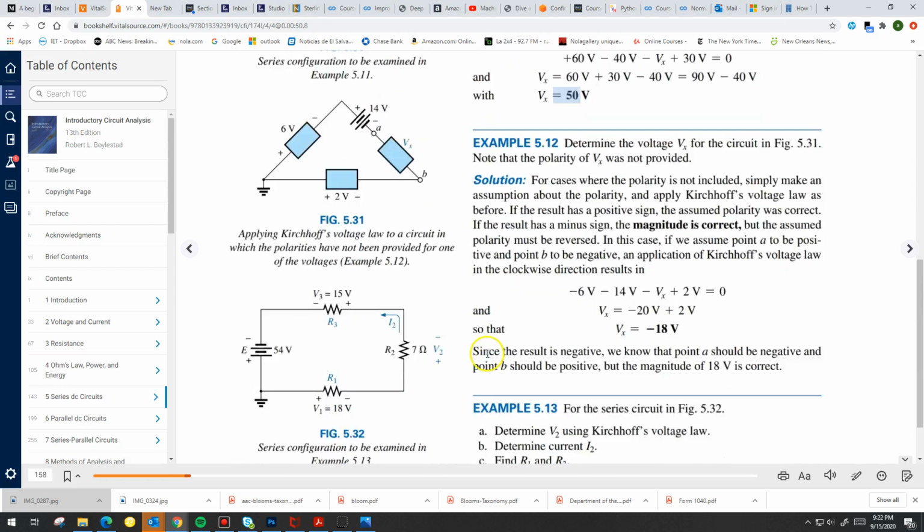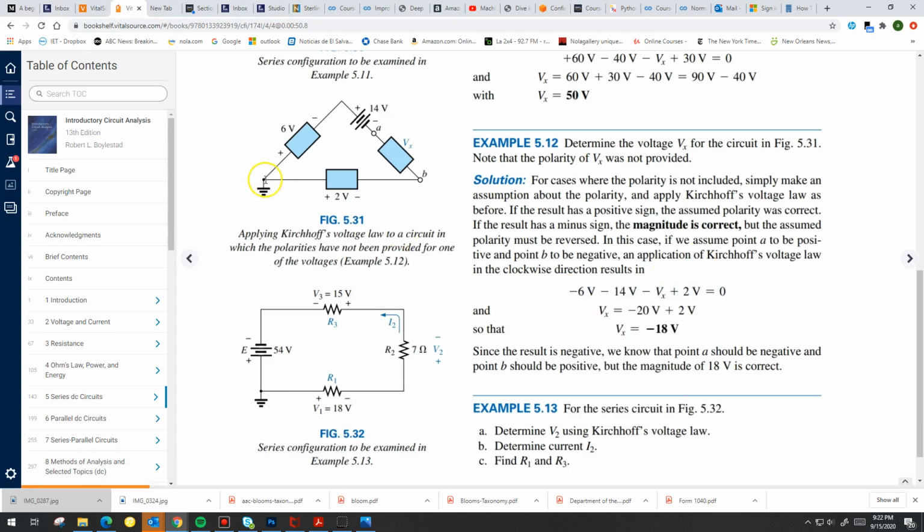Let's see, another one here, 5.12 says find the voltage for the circuit in this figure. We're looking for Vx. Again, it's a closed path. Remember, not all circuits are going to look nice or square or rectangular all the time. They can look different. But in this case, if you start from ground again, if you want, and I'm just following the solution they have here.